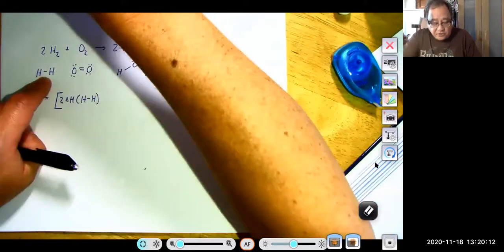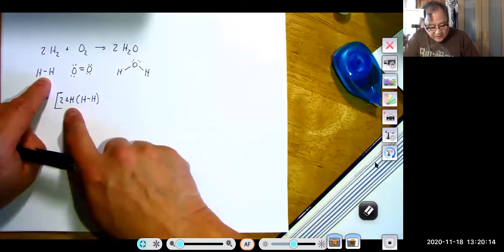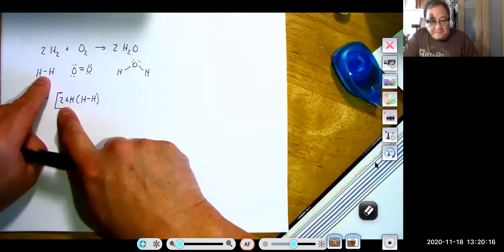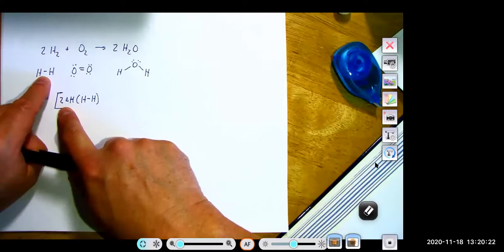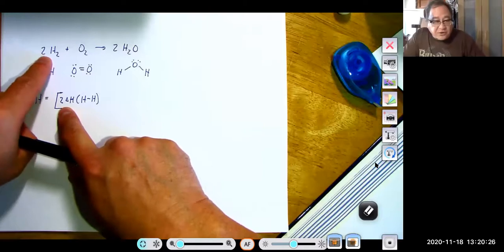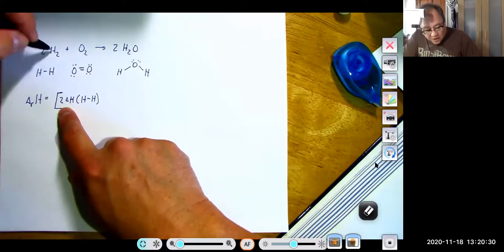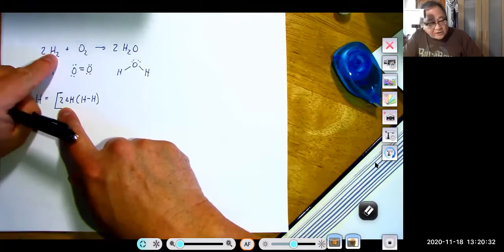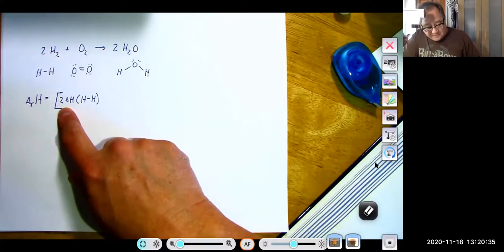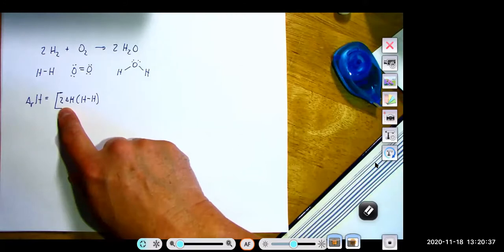Go ahead and unmute yourself and tell me why I have a 2 here when there's only 1 there. Does it have to do with the H2? It has to do with the coefficient. Because really, when I draw this, that's what one of these looks like, and the other one looks the same.